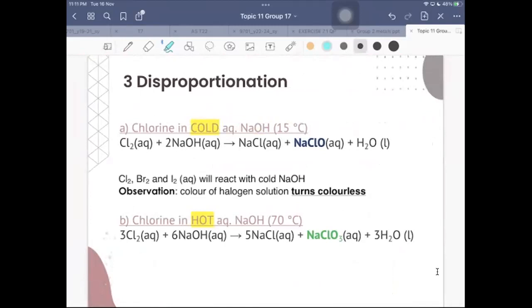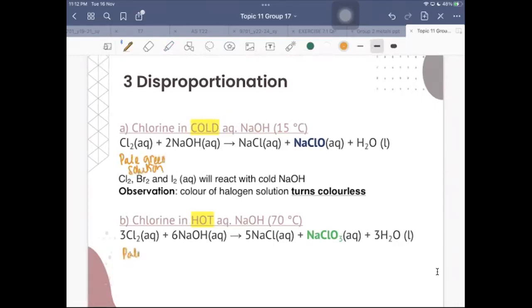So chlorine will behave differently when it reacts with aqueous sodium hydroxide in cold temperature, about 15 degrees Celsius, and in hot temperature, about 70 degrees Celsius. This works with chlorine, bromine, and iodine as well. If you start with chlorine, you would imagine a pale green solution.